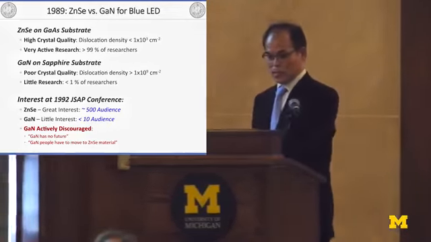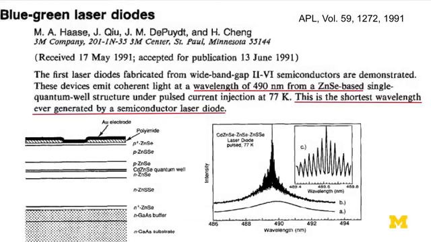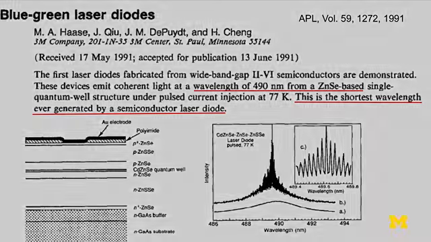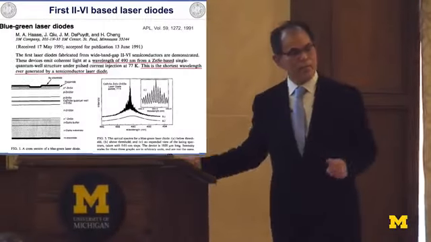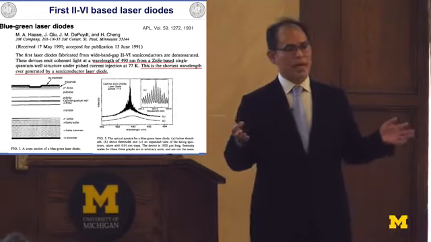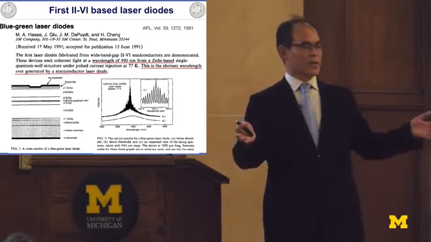The reason is that in 1991, 3M, a big American company, succeeded in making the first blue-green laser diode using zinc selenide. This is the shortest wavelength ever generated by a semiconductor laser diode. It was published in 1991. After this publication, all scientists said, oh, zinc selenide is the winner.